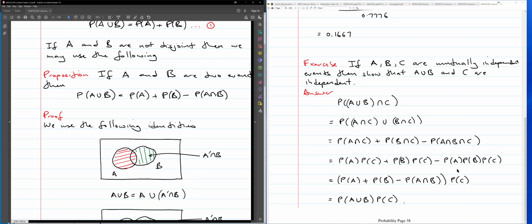Then I can factor out the probability of C, and inside the bracket is probability A union B, using the additive law again. So probability A union B intersects C is equal to probability A union B times probability C. And according to my definition of independence, that shows that A union B and C are independent.